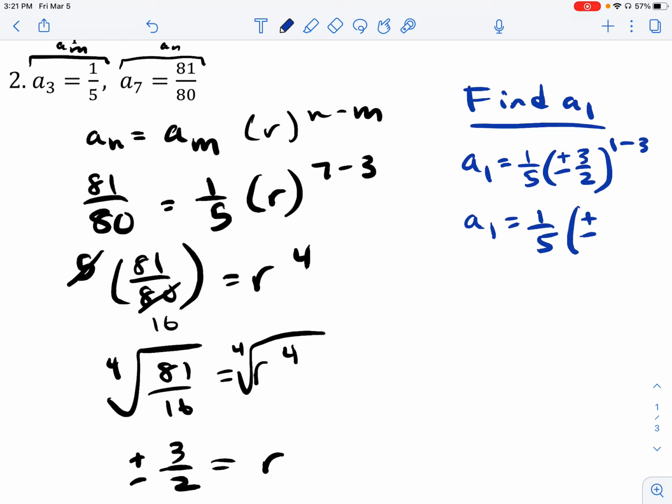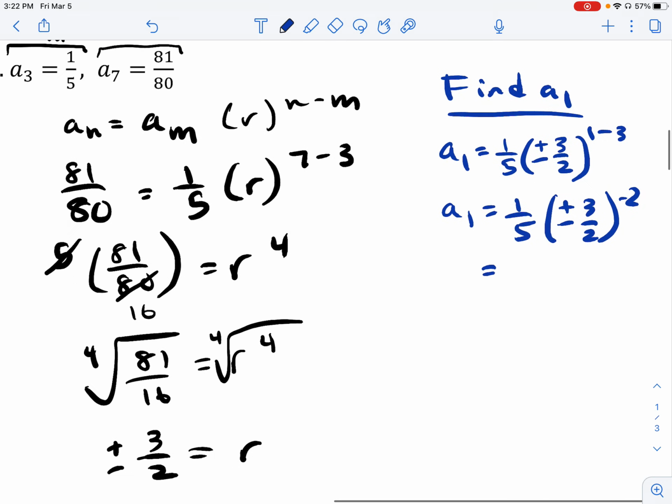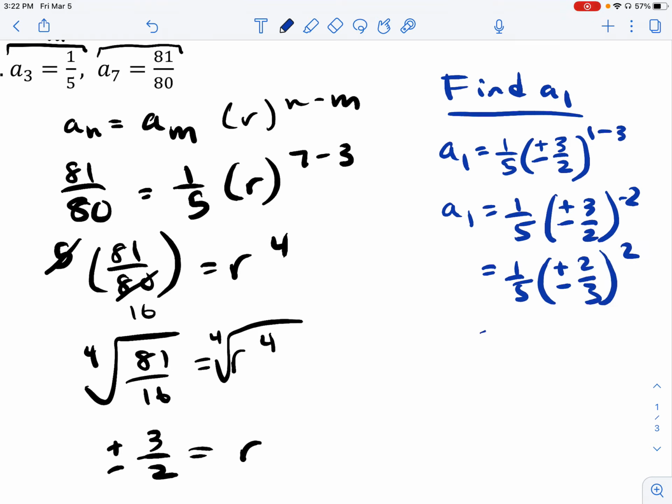times plus or minus 3 halves to the negative 2 power. And when we're raising something to the negative 2 power, that's equivalent to taking the reciprocal to the positive 2 power. So if I just simplify this, this is going to give me 1/5 times 4 over 9, so that's 4 over 45. The fact that I'm taking this to the second power is going to take care of that plus or minus.